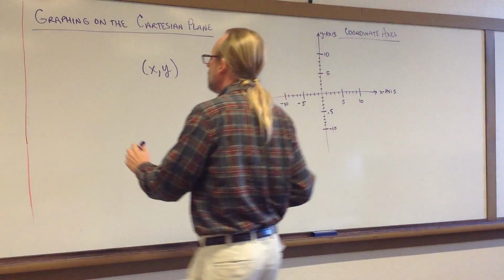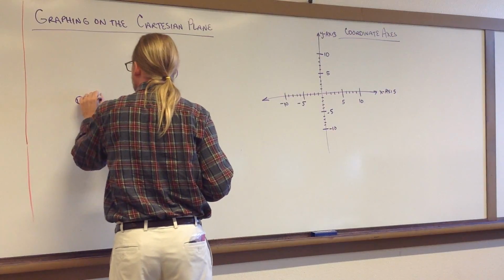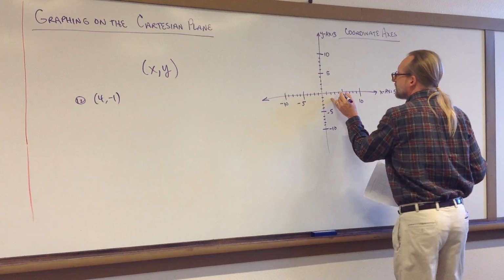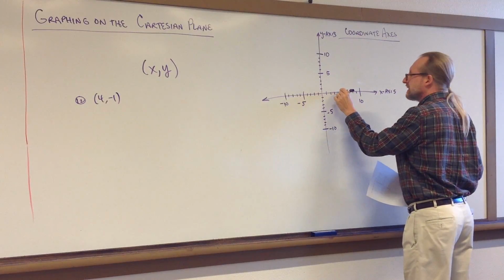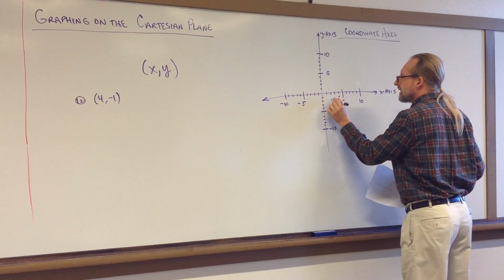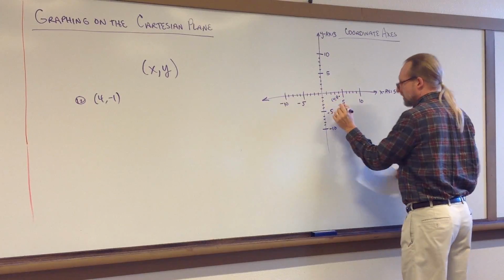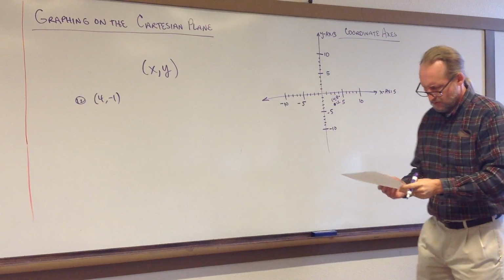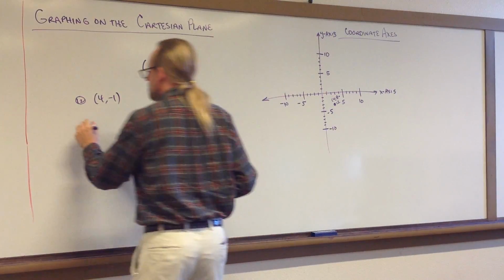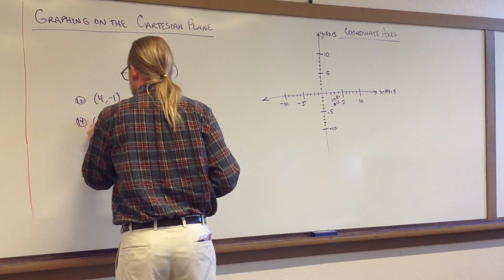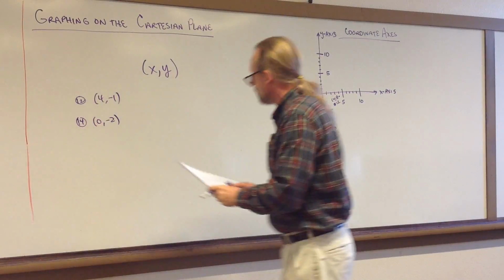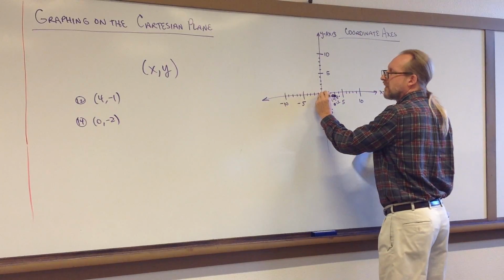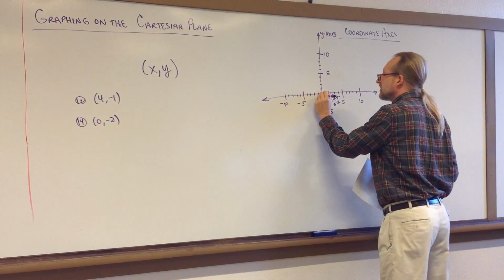Problem 12 is the point 4, negative 1. So we go over to positive 4 on the x-axis. We go down to negative 1 on the y-axis. And there's problem 12. Problem 14, 0, negative 2. So again, we start in the middle and don't go to the right or left because the x-coordinate is 0.